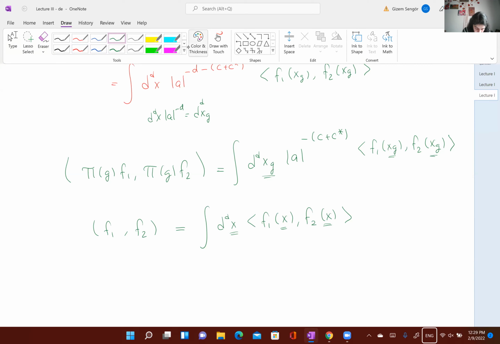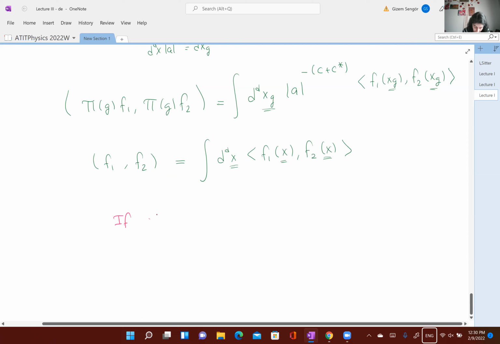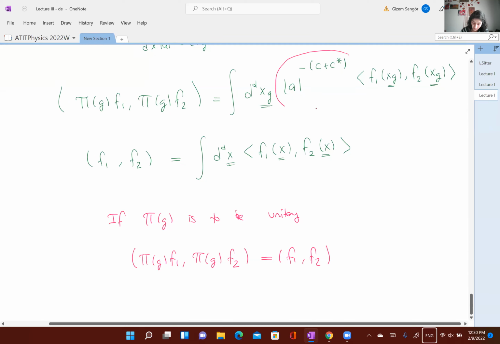Now, if this representation is to be unitary, we said that it shouldn't change the inner product on the function space. It should satisfy this. But here, when we explicitly calculate the left-hand side, we note that there's something extra. There's an extra piece compared to the right-hand side.